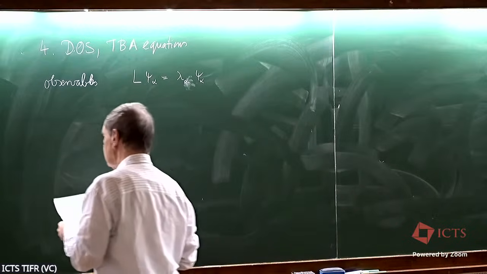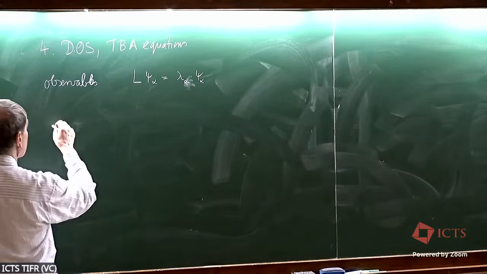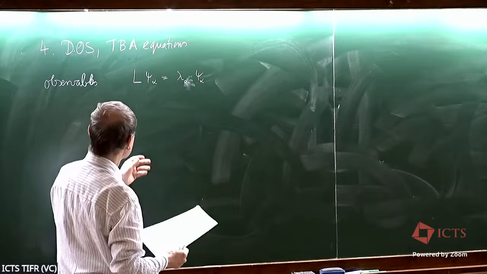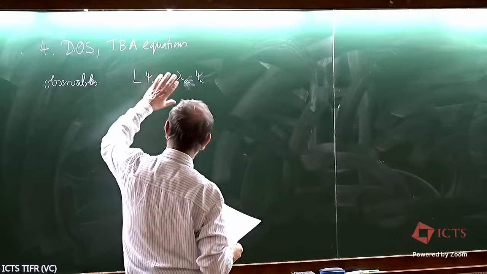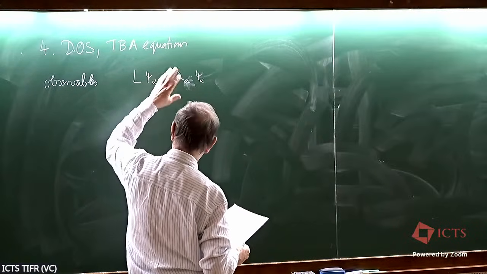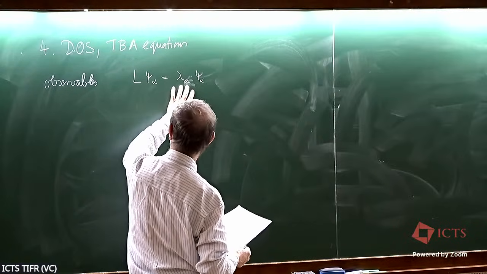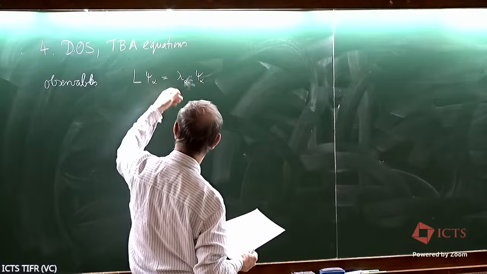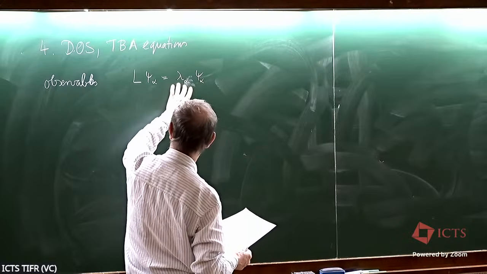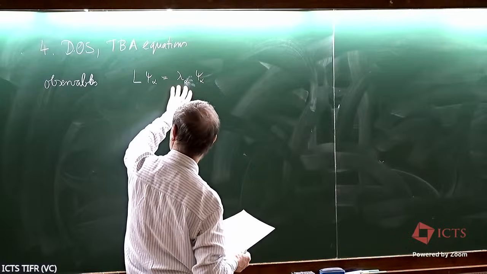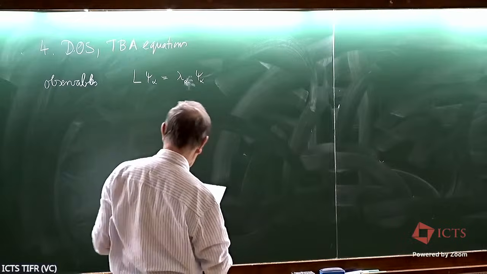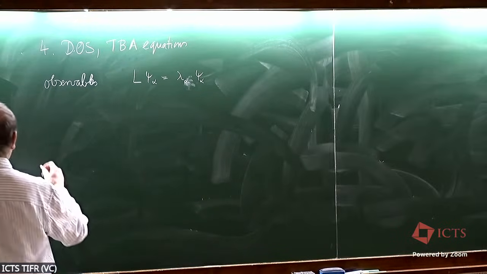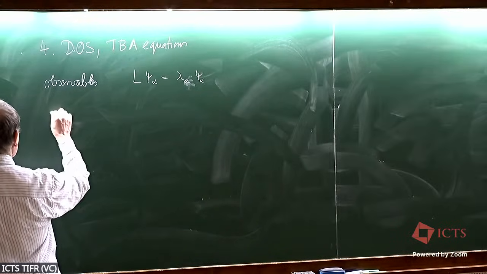The lambdas are conserved, but of course they are random. If I take another configuration, I will get different eigenvalues. So I'm focusing on the eigenvalues. This is what is called the density of states, and of course they are random. Okay, so now let's define this.